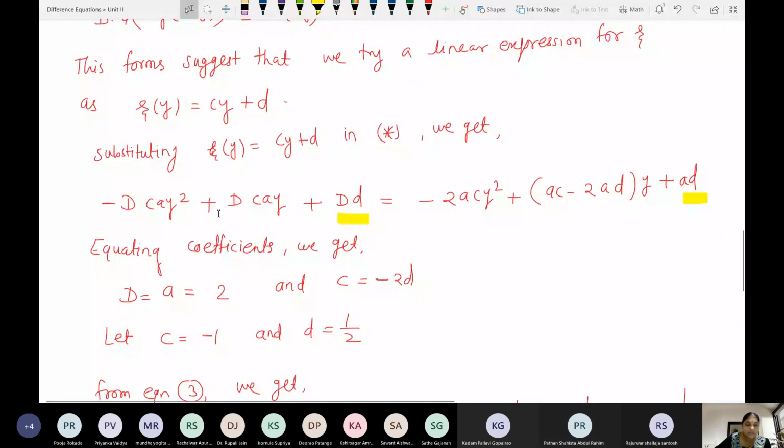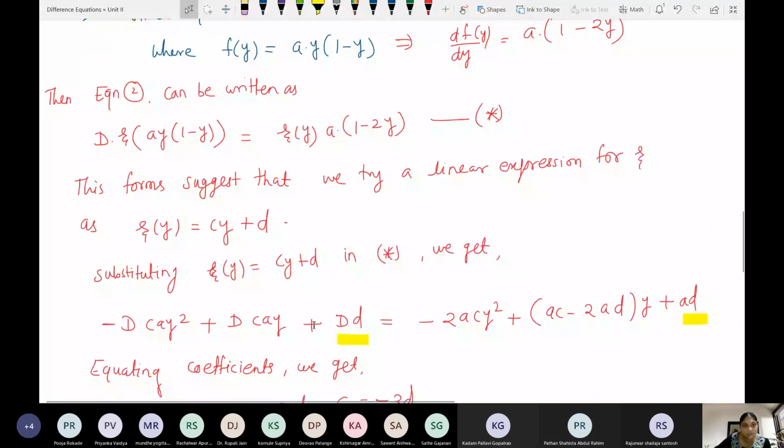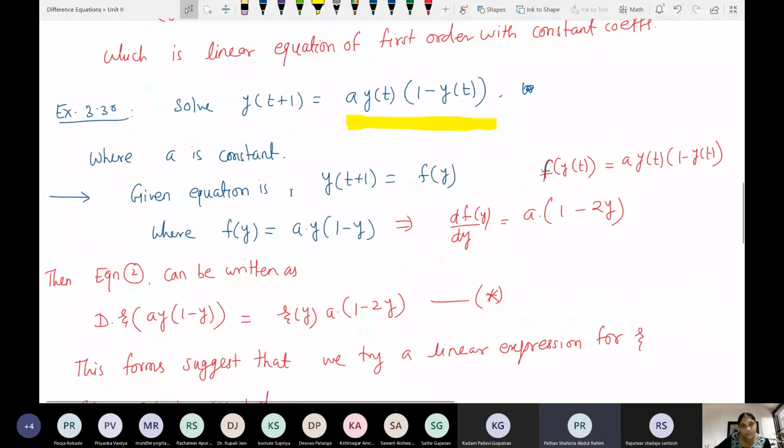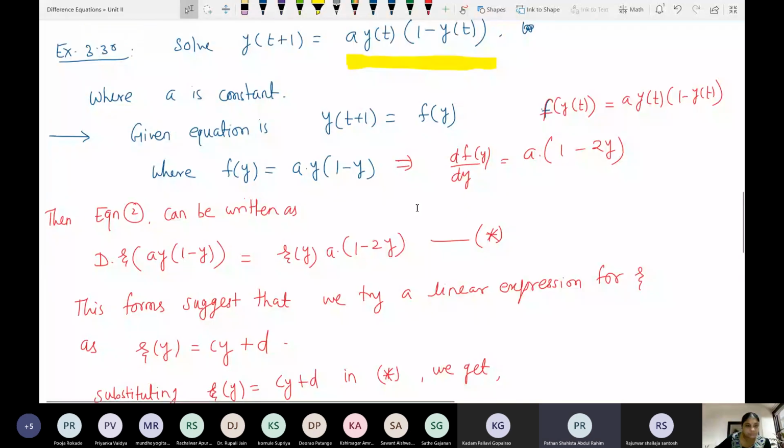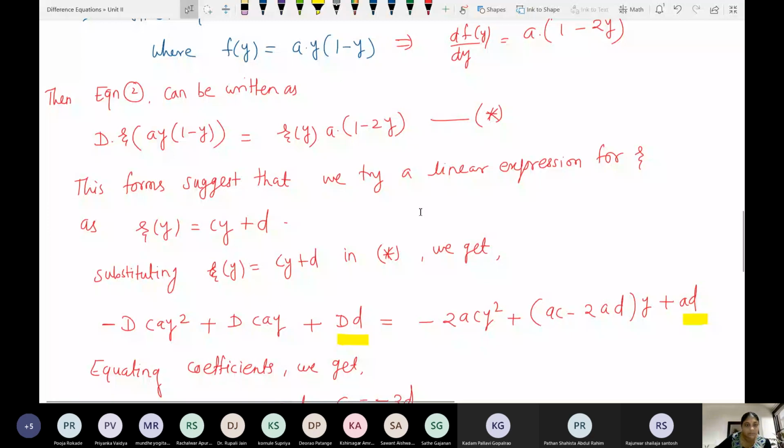So this won't be the same for each equation. This method will differ for different examples. We are choosing here cy plus d so that it will be some solution.